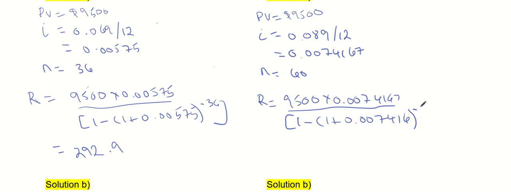And how many periods are there? There are 60 periods. Over here, 60. And we drop those numbers in. And what do we get? We get 196.74. Okay, so these are the regular payments.